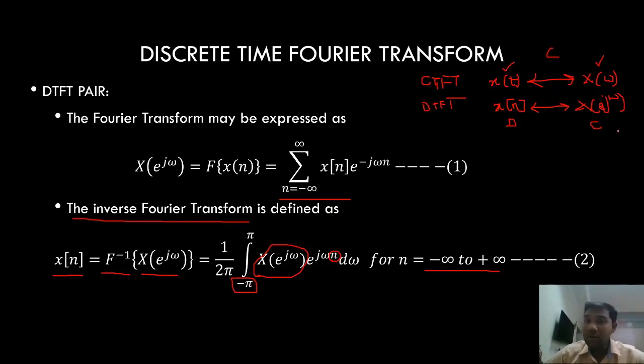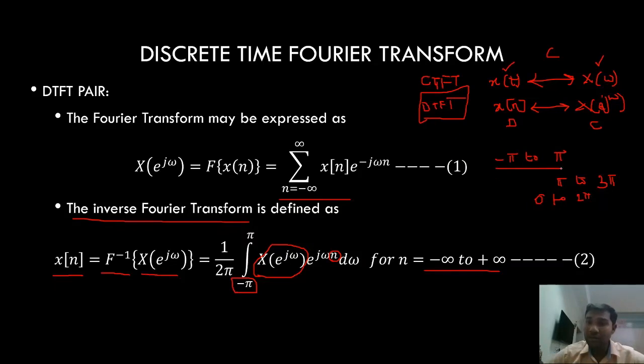Because the discrete time Fourier transform is periodic in nature. Whatever the discrete time Fourier transform we have from minus pi to pi, the same exists from pi to 3 pi, or the same exists from 0 to 2 pi, right?